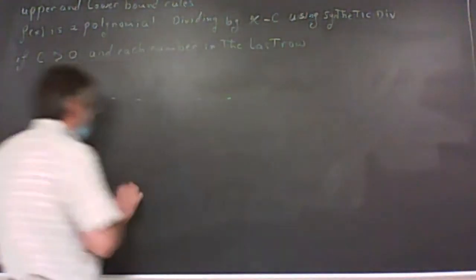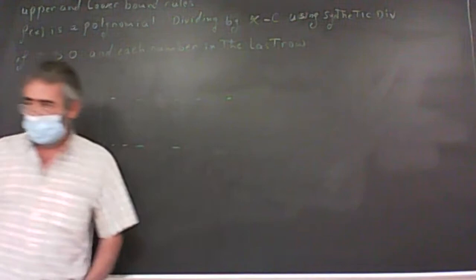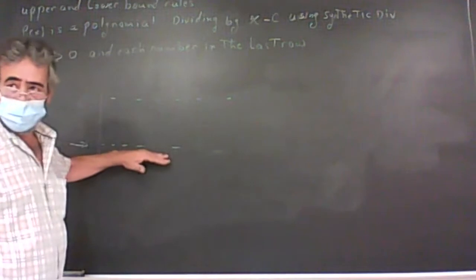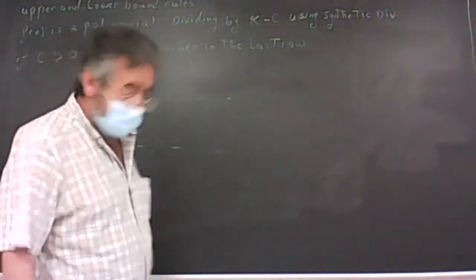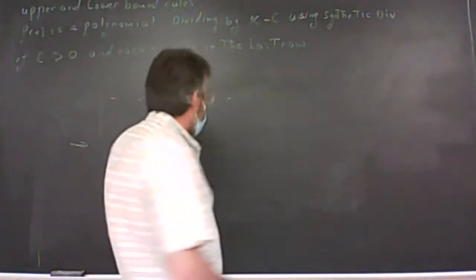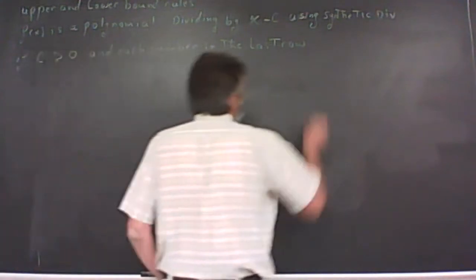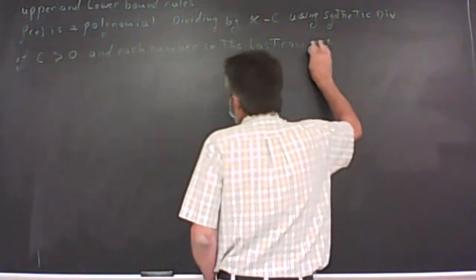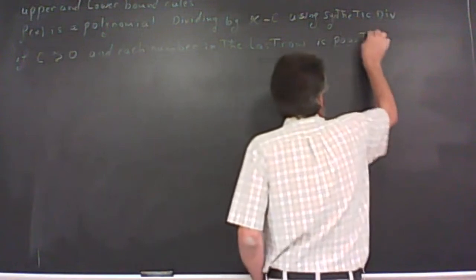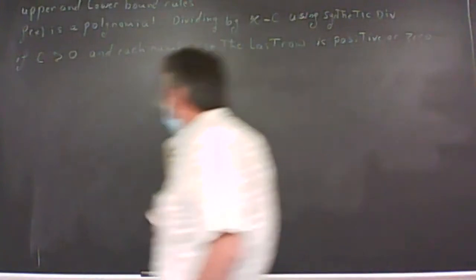And then you do the division, and when we're talking about the last row, we're talking about the answers you get here. Okay? And if these numbers in the last row are positive or 0.